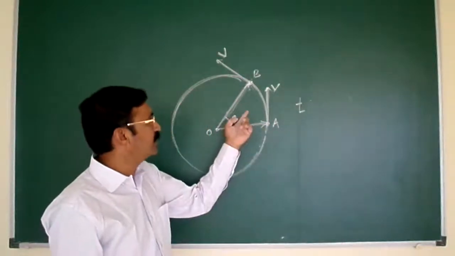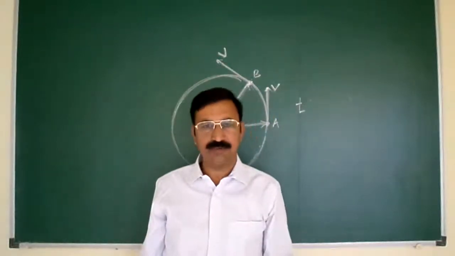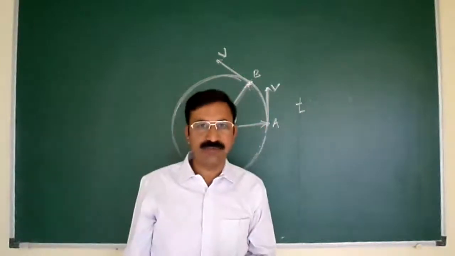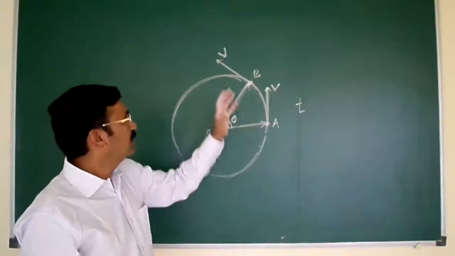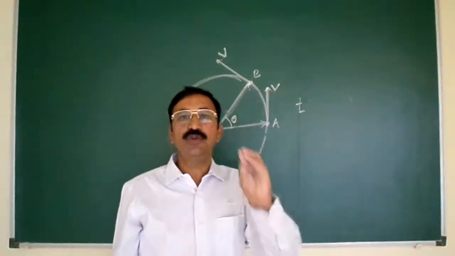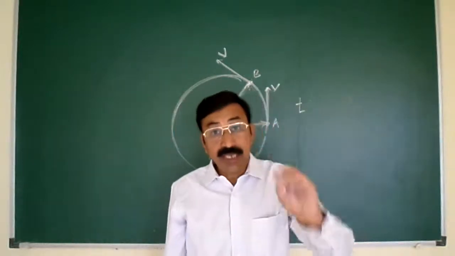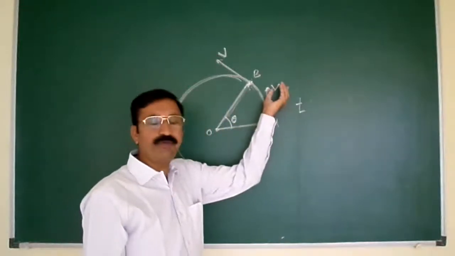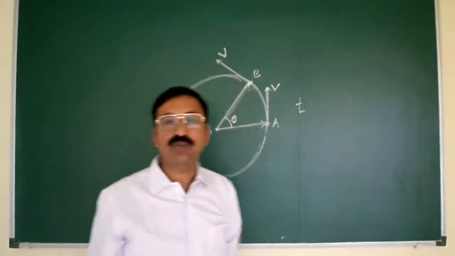But here the magnitude of the velocity remains constant, as only the direction is changing, so such motion is called uniform circular motion. In uniform circular motion, the magnitude of velocity remains constant, but its direction changes.